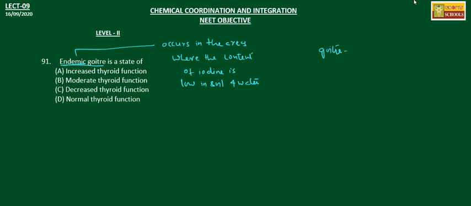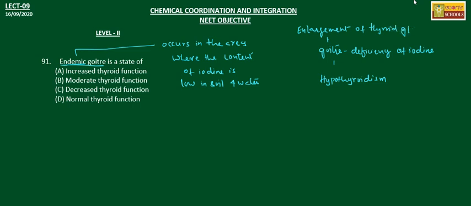Goiter is caused due to deficiency of iodine, and this results in a condition called hypothyroidism. And in this condition there will be enlargement of thyroid gland. Okay, so the question, endemic goiter is a state of increased thyroid function?